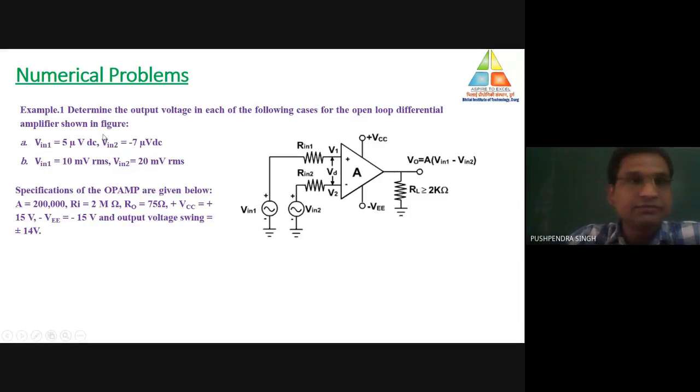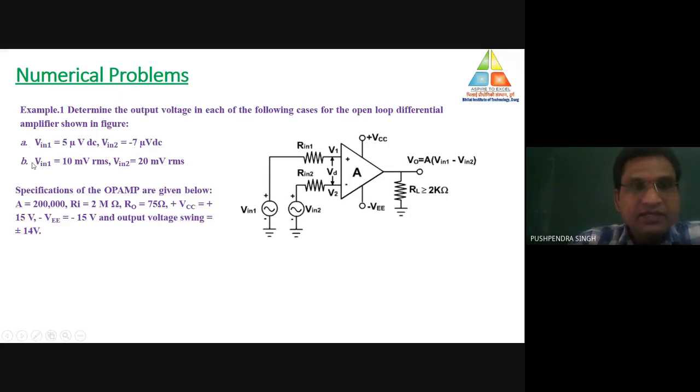Very good problem. As per this example number 1, determine the output voltage in each of the following cases for the open loop differential amplifier shown in the figure, where the values of V in1 and V in2 are given in part A. In part A, both the input signals are DC.